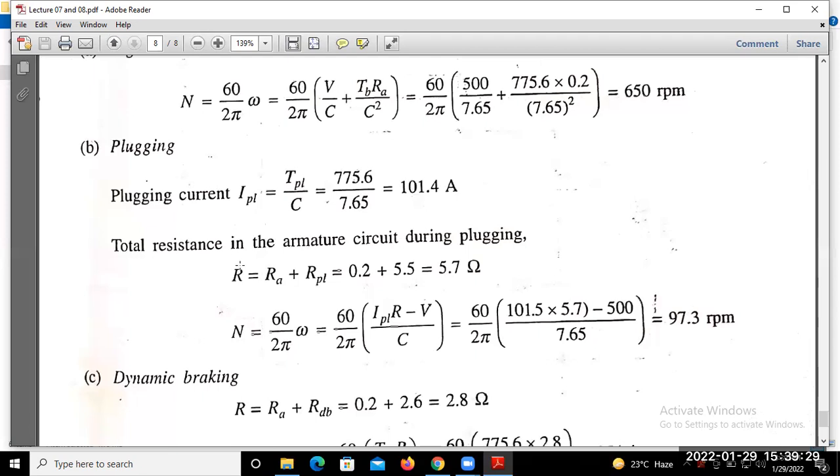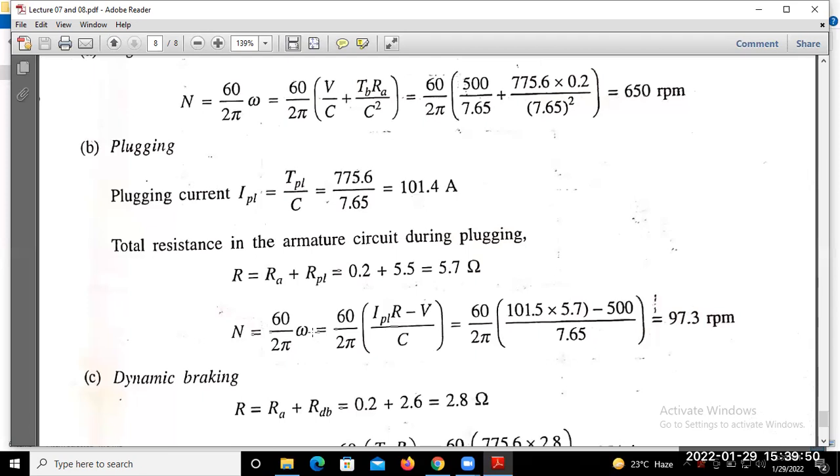So the total resistance in the armature circuit equals Ra plus external resistance during the plugging braking. This equals 0.2 plus 5.5, that means 5.7. Just put it into the equation of speed.